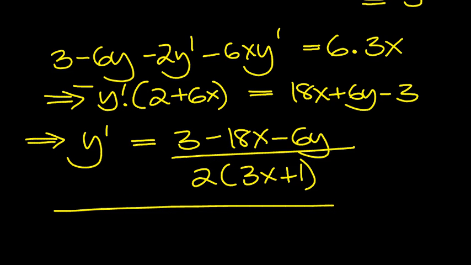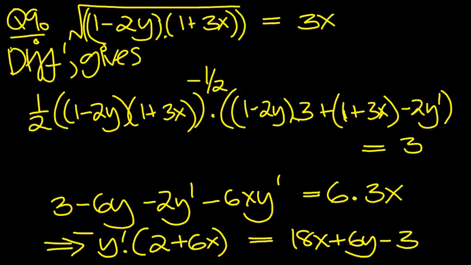So let's just check. I'm just going to do a tiny check through here, just to be sure I'm okay. Something to the half differentiates to half something to the minus half multiplied by the something differentiated. It's a product, so it's u dv dx plus v du dx, that differentiated to minus 2y dashed. And that's equal to this differentiated, which is 3.